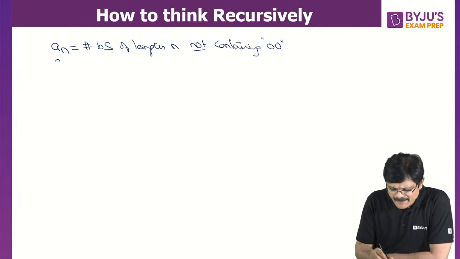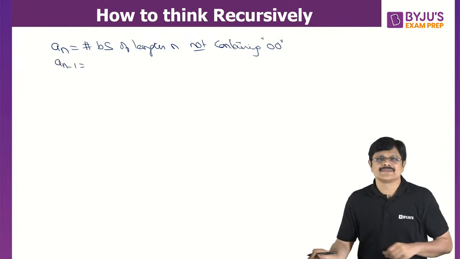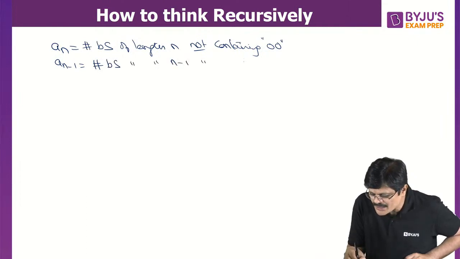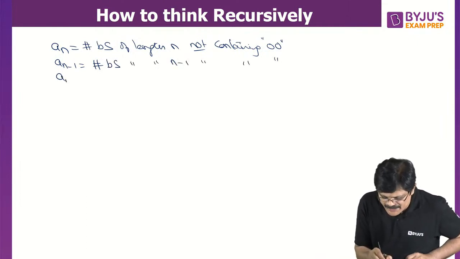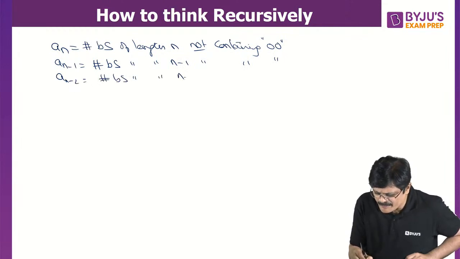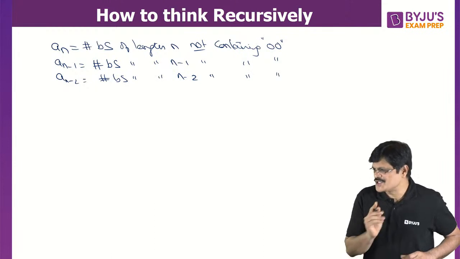So an minus 1 क्या होगा? An minus 1 क्या होगा? The number of binary strings of length n minus 1 not containing 0 0. an minus 2 क्या होगा? Number of binary strings of length n minus 2 not containing 0 0.